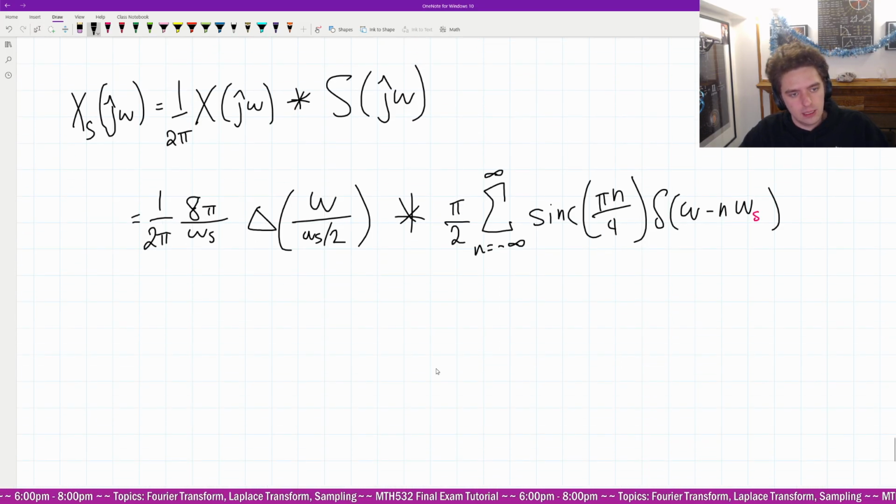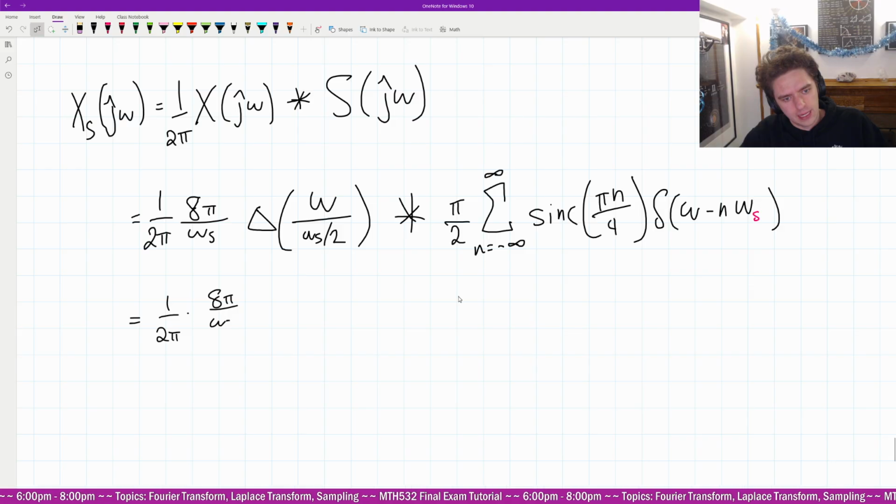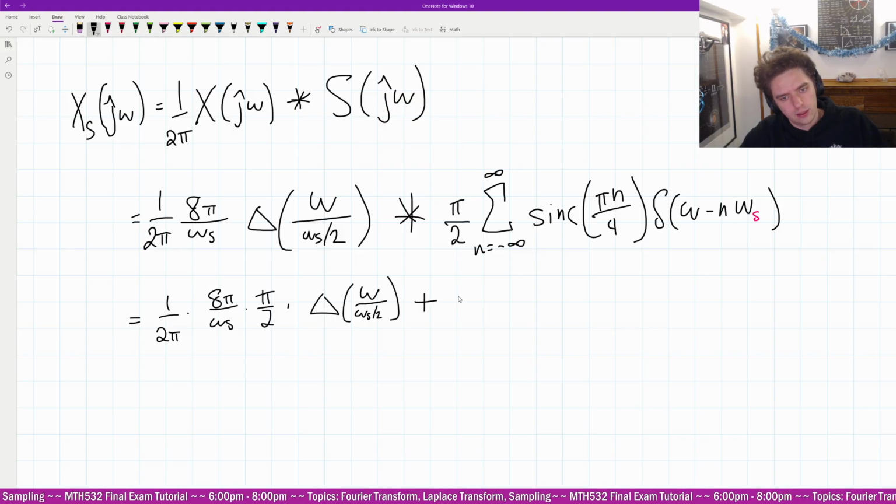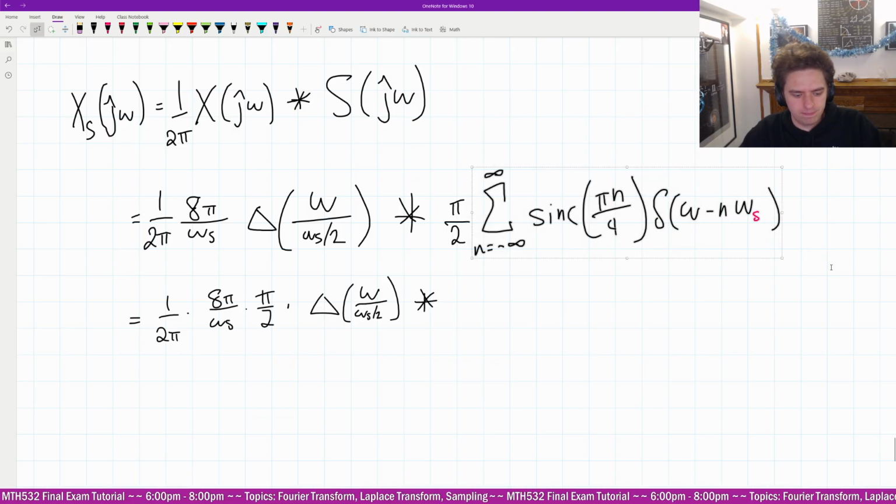So let's simplify a little bit. There's a little bit of simplification we can do, right? So that's a convolution rule. I can just take this out of the whole thing, can't I? Can I just rewrite this as 1 over 2 pi times 8 pi over omega s times pi over 2 times triangle omega over omega s over 2 convolved with this?